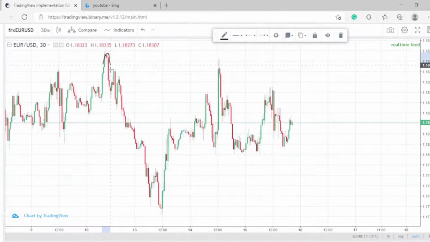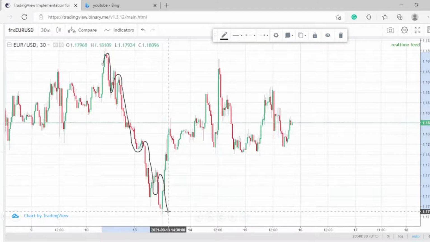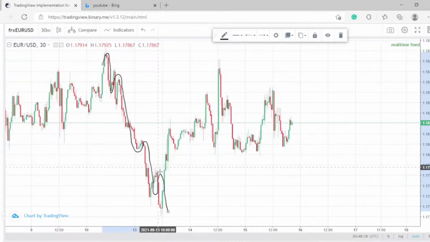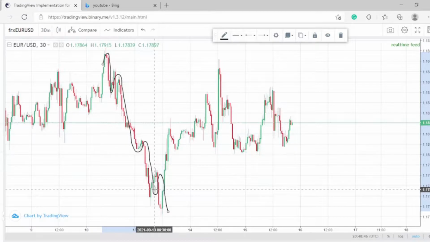There is a high, a lower high, a lower low, a lower high, a lower low, a lower high, a lower low, and a lower high. So in a downtrend, you have a series of lower highs, and on the other side you have a low, a lower low, and a lower low. So this is a downtrend.